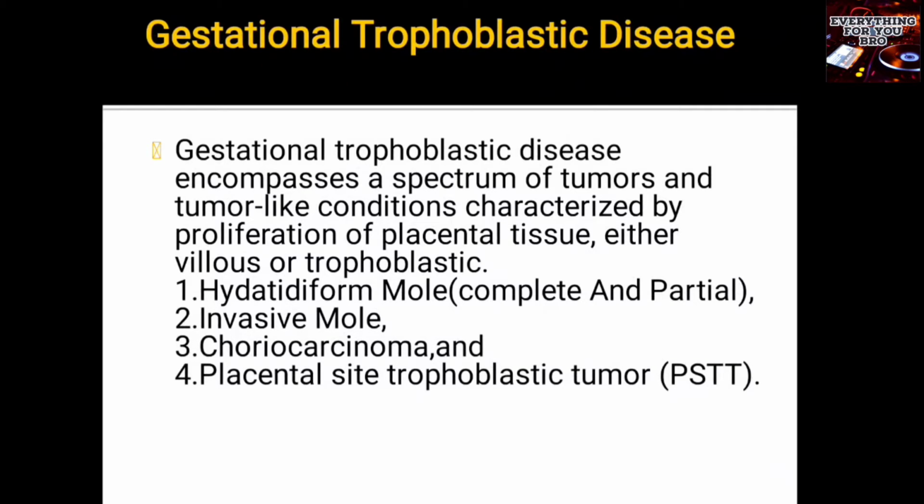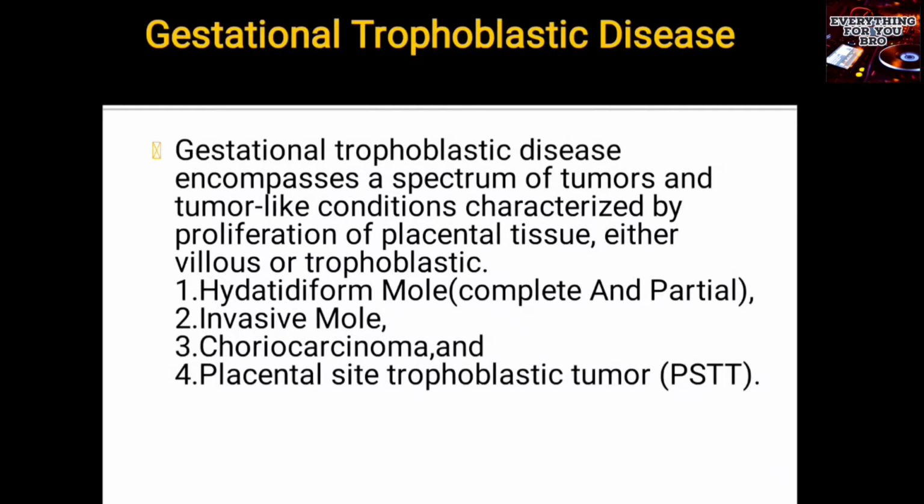Grossly we can divide them into 4 types: hydatidiform mole, invasive mole, choriocarcinoma, and placental site trophoblastic tumor. Hydatidiform mole can be of 2 types, complete and partial, based upon the morphology and cytogenetics.